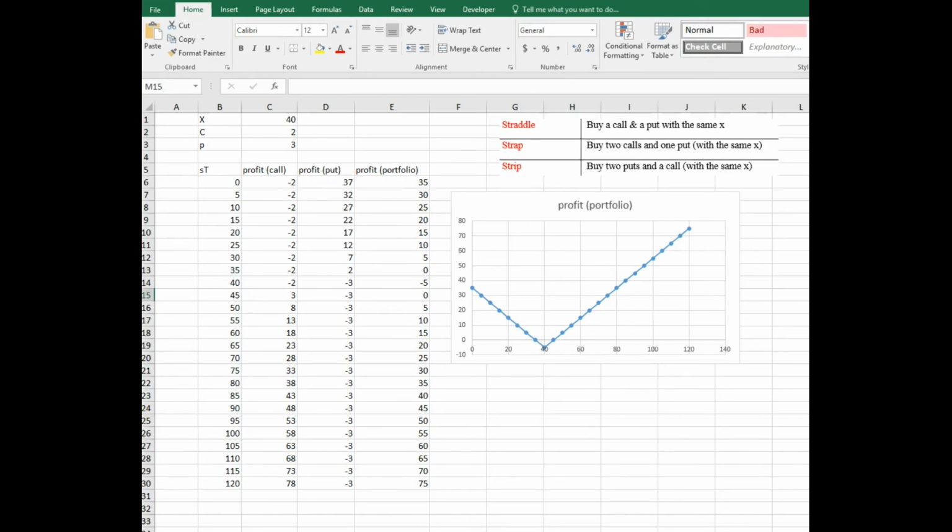For this straddle strategy, we buy one call and one put with the same exercise price. We assume they have equal probability, stock price going up or going down. Suppose we expect stock price going up, with a high probability compared to stock price going down.